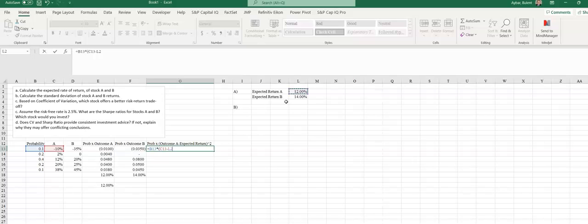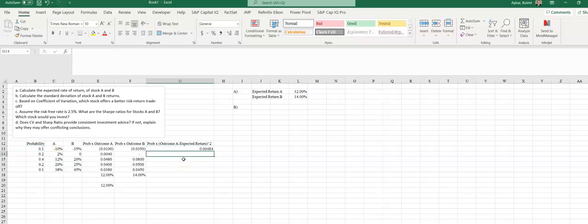We will do F4 to keep this fixed. And then we are going to take the second power of this. So this is the probability times outcome, which is minus 10%, minus expected return, which we calculated as 12%, squared. If we enter this, it actually calculates that.